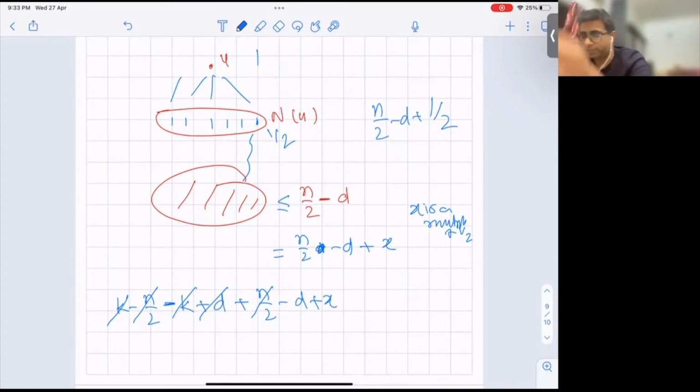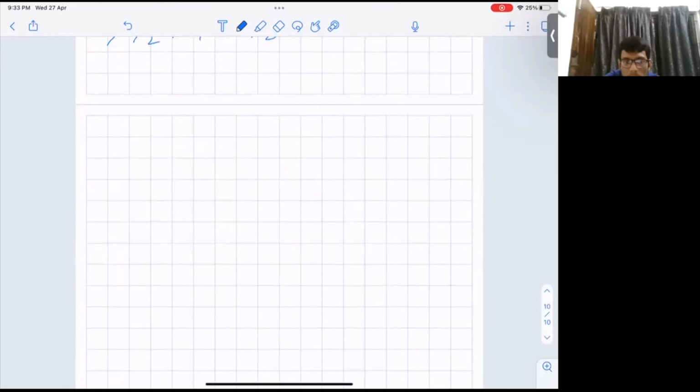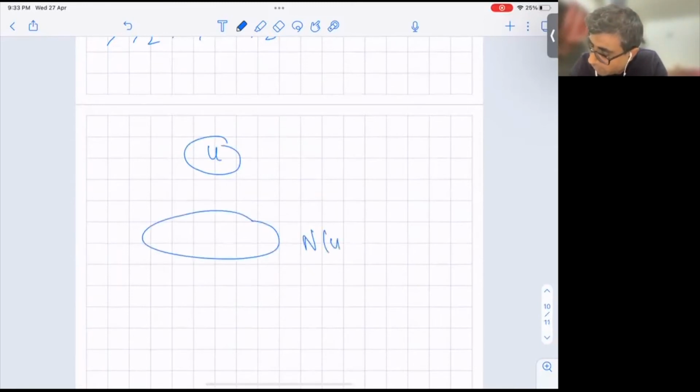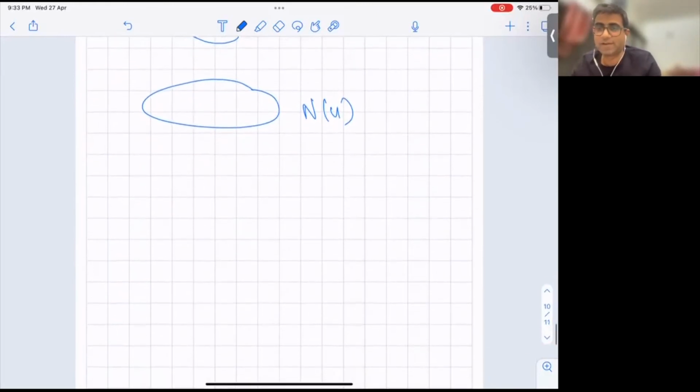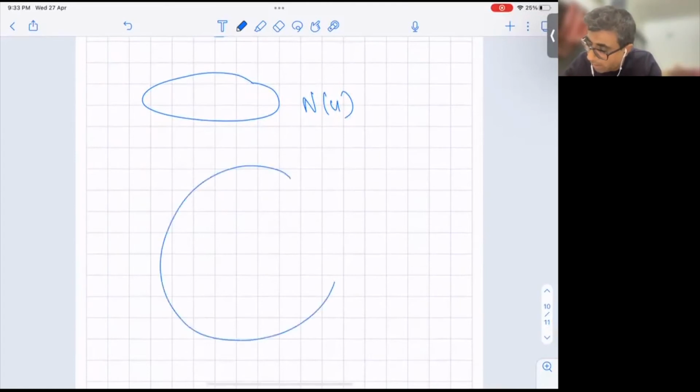Okay, let's see. Let's do a more careful analysis. So here is our U, and here, this is my G prime.